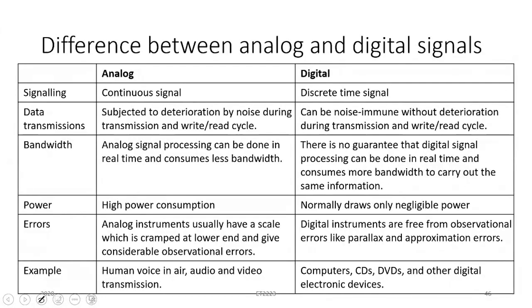Digital systems can be less prone to observational errors, but they may be prone to certain other types of errors like conversion errors. As examples, any physical phenomenon that we can observe in the physical environment can be represented in analog signals, and then a digital representation of that could be what we would see as digital signals.